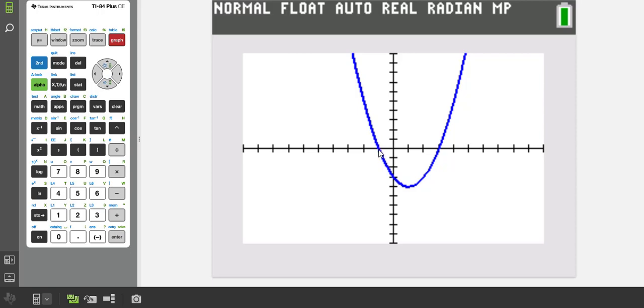So from here to here, all the y values would be negative. And that occurs when x is negative 1 all the way up through when x is positive 3. Okay? So what that means, when x is negative 1, the value of y is actually 0. Same thing with 3.